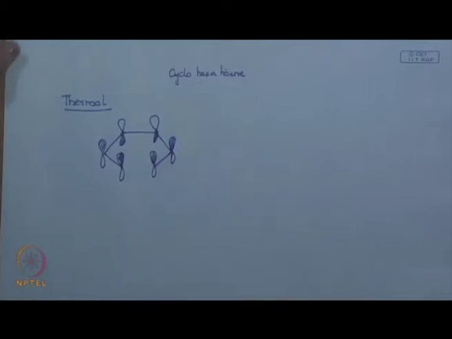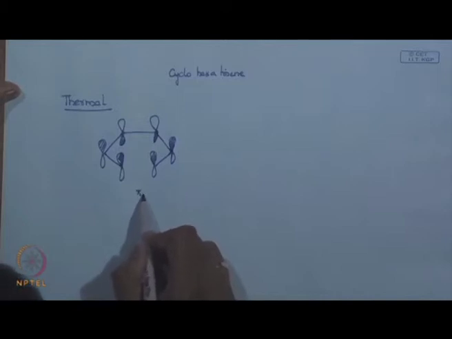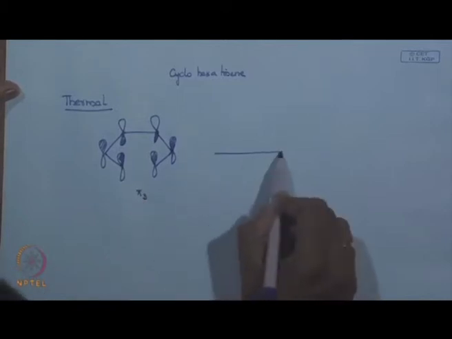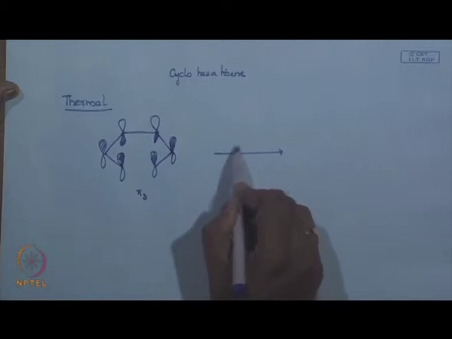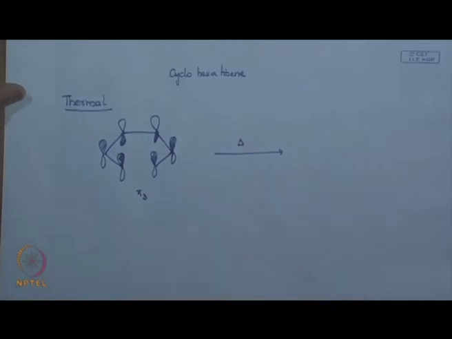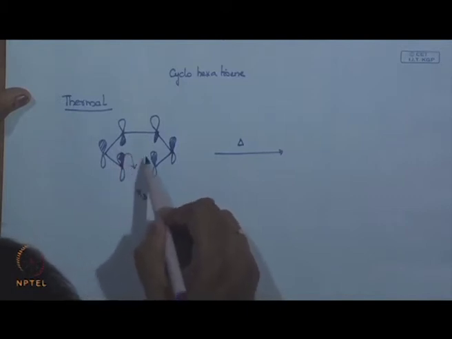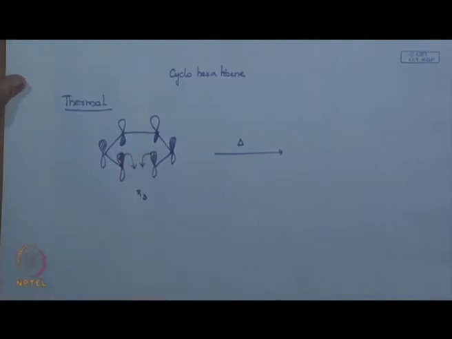So, that is your pi 3 system. This is in heating. So, what we can think about is whether you get a cone or this. I am interested in bonding.